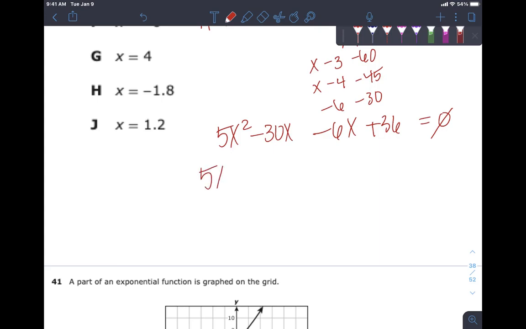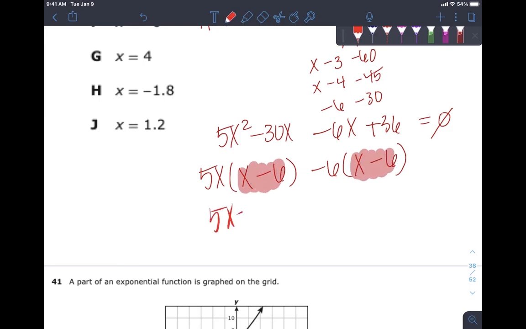First set, I'm going to go ahead and factor out everything that I can. Second set, I'm going to factor out everything that I can. I'm going to ensure that the insides are exactly the same. And they are.